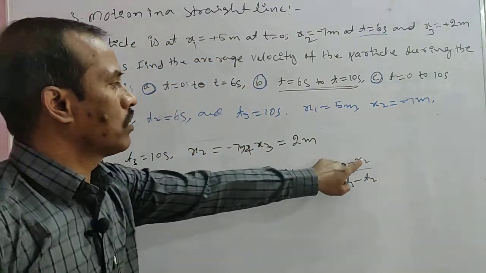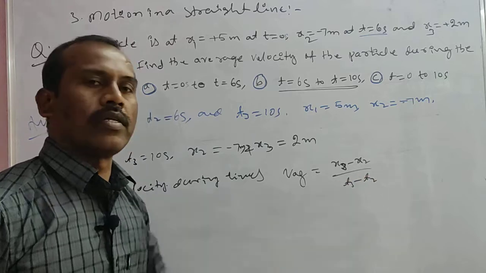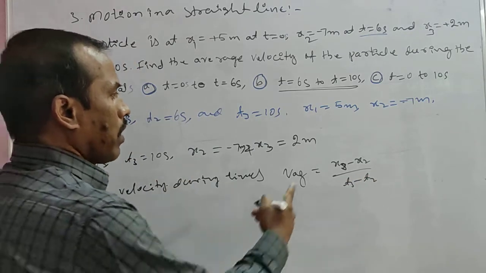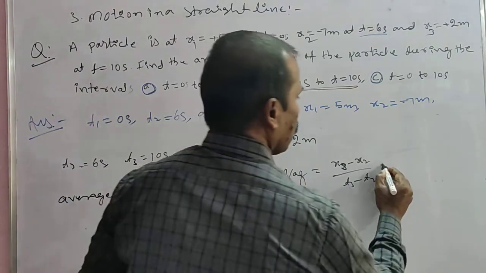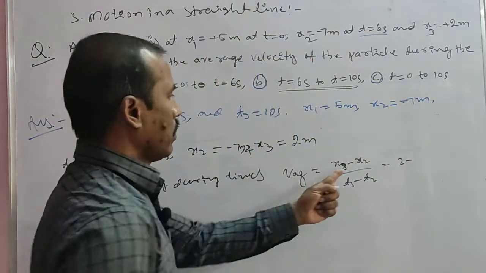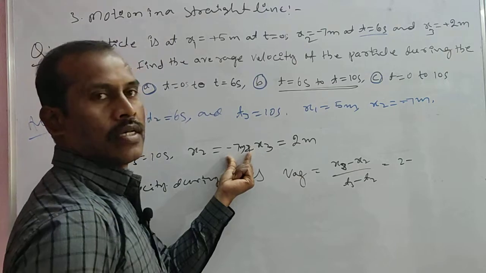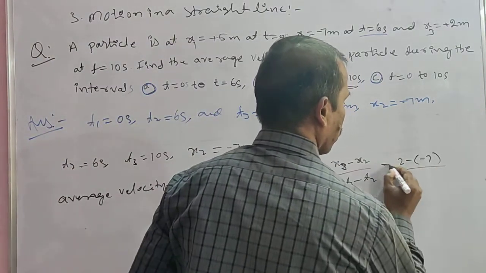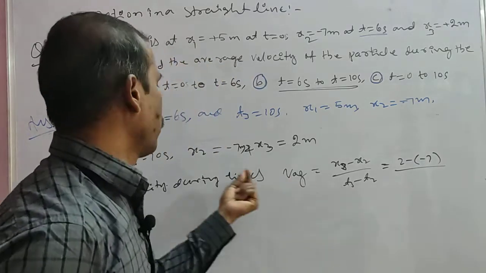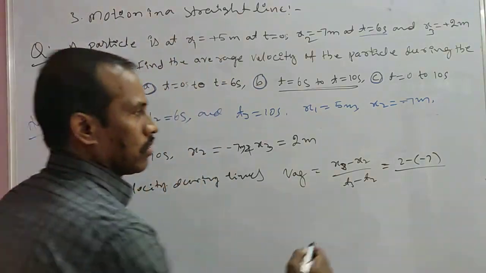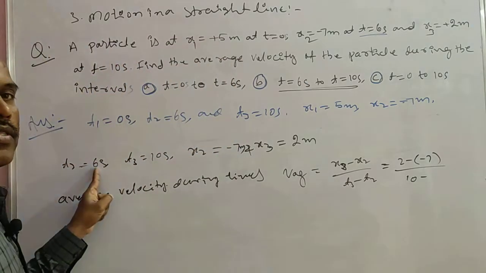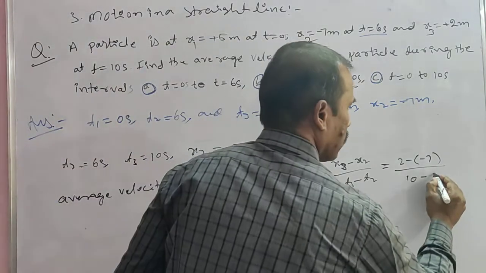Substituting the x3 and x2 values, and the t3 and t2 values, we will get the average velocity of the particle. Here x3 is plus 2, minus x2, which is minus 7, by t3 which is 10 seconds, minus t2 which is 6 seconds.